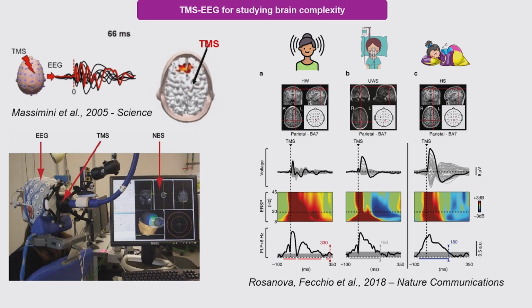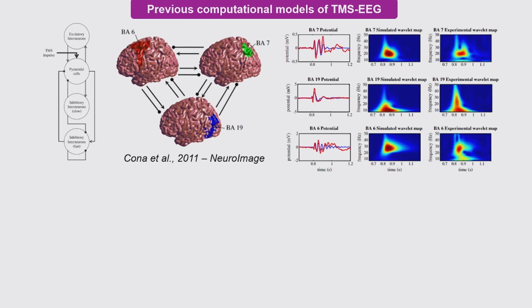So this is just a way to show you how we can use brain stimulation in a clinical context to disentangle different levels of consciousness. There are some studies that have shown how we can model TMS in silico.